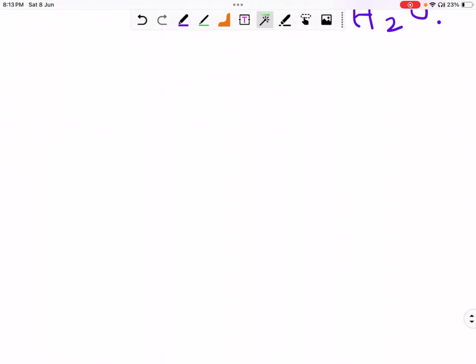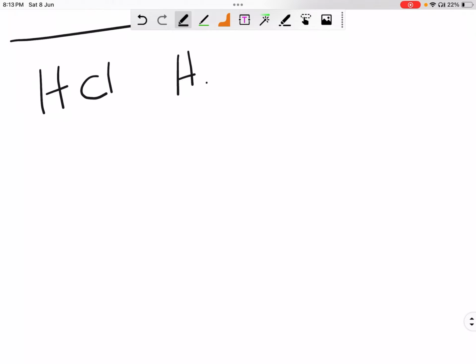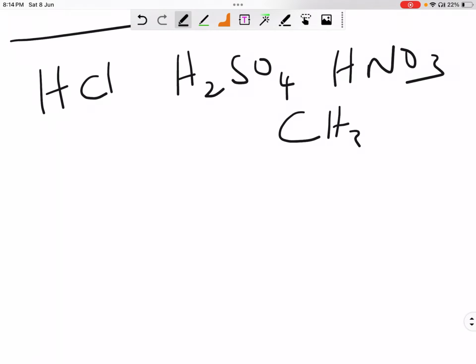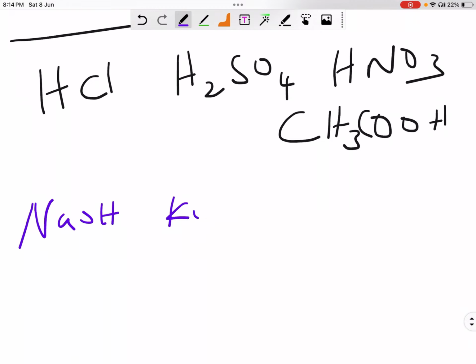Now, as self work, you have this many acids, and you have a few bases also: NaOH, KOH, ammonium hydroxide, and calcium hydroxide.